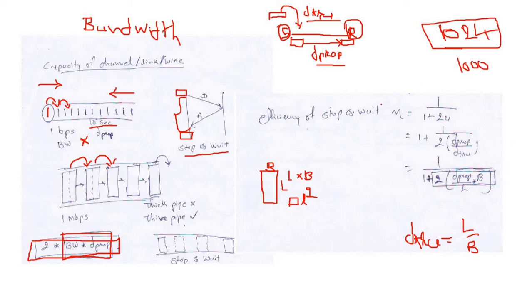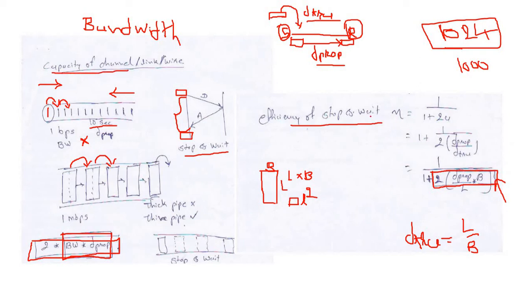Now, if we look at the efficiency of stop and wait protocol, you get this equation: 1 upon 1 plus 2 into delay of propagation into bandwidth, which is actually the capacity of the channel.